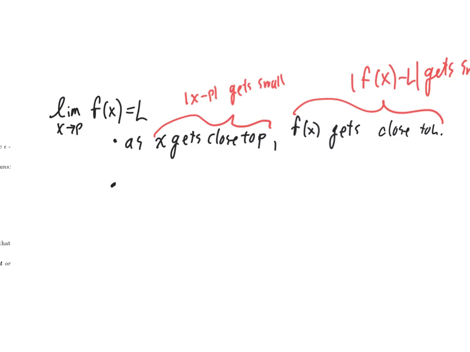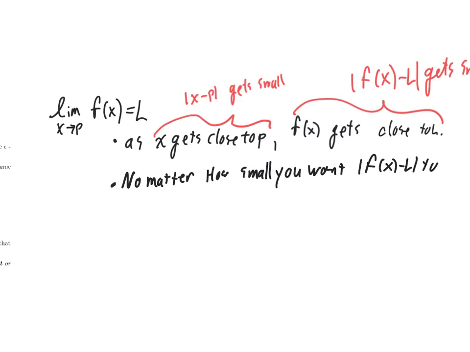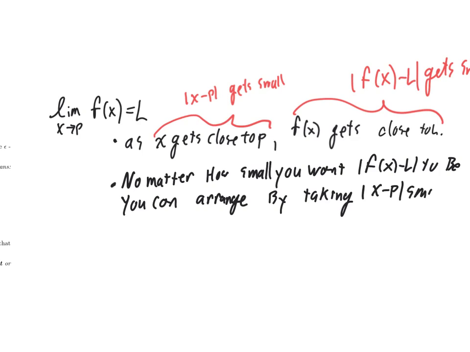So maybe we'll say it this way. No matter how small you want absolute value of f of x minus L to be, you can arrange by taking absolute value of x minus p small enough.